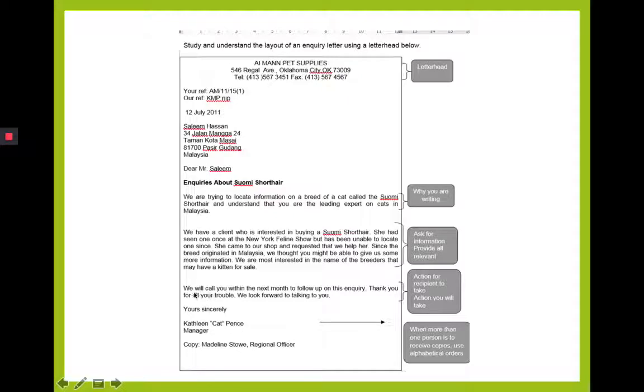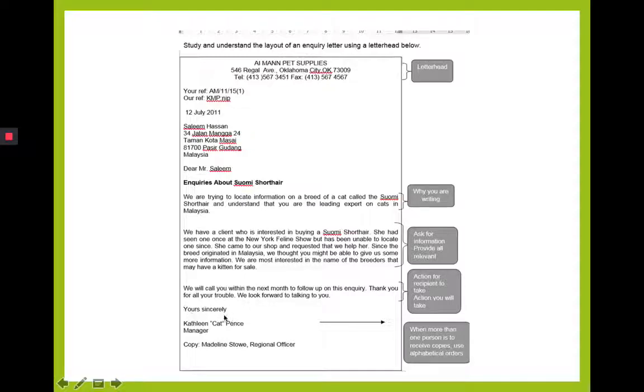Okay, and then you end with the last paragraph with what you expect from them, when you need it, and then a little bit of appreciation, all right, thank you and so on, right?